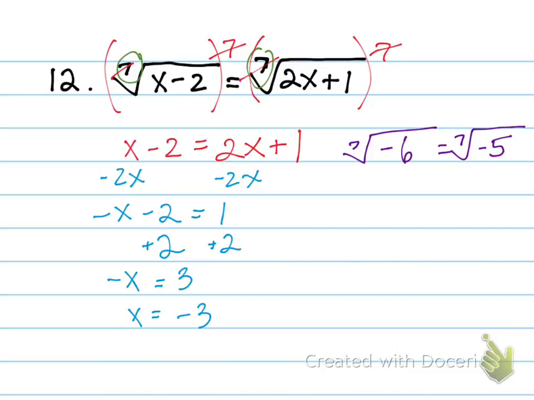Since these two are not the same, you should end up getting the same thing. Since they are not, then that means that this is extraneous. And so the final answer would be no solution.